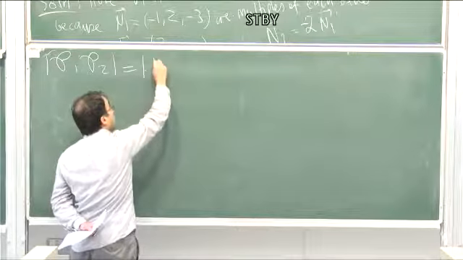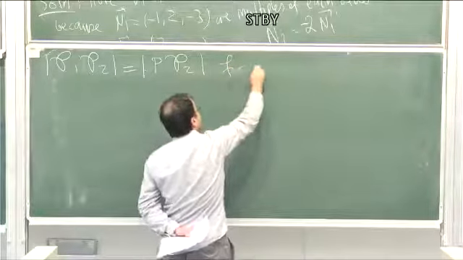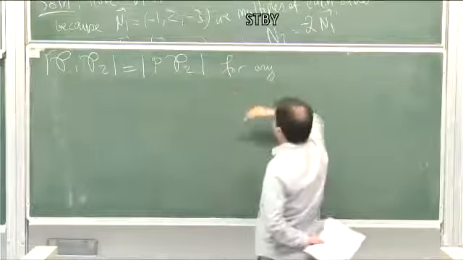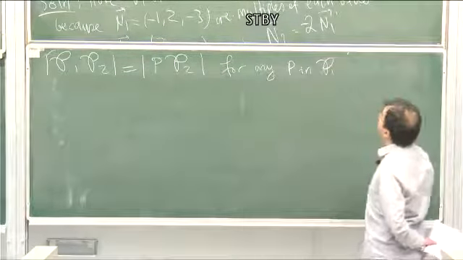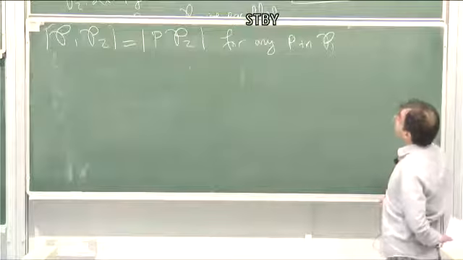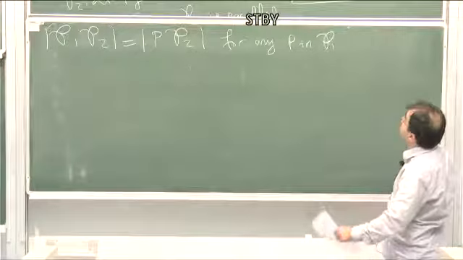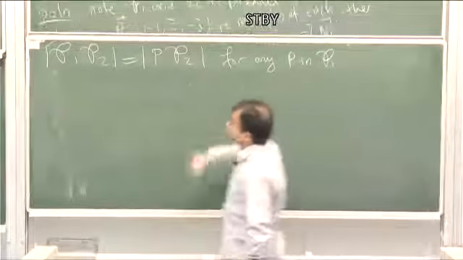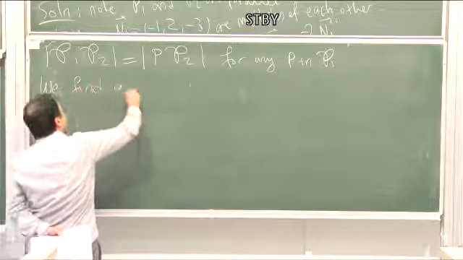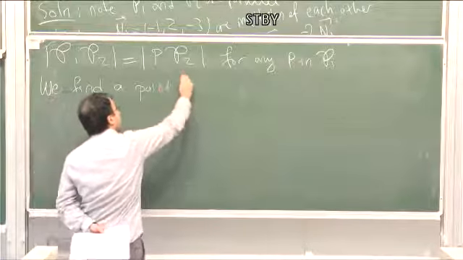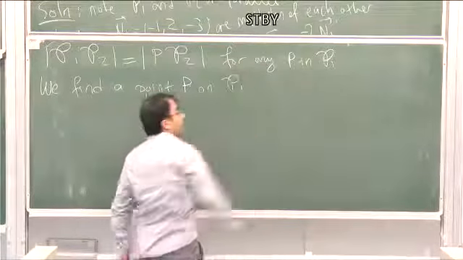Since they are parallel, this would be the same as the distance from a point P, for any P in P1. So if we take any point P in P1 and compute its distance to the second plane, then it will be the distance. So how do we find a point P on P1?